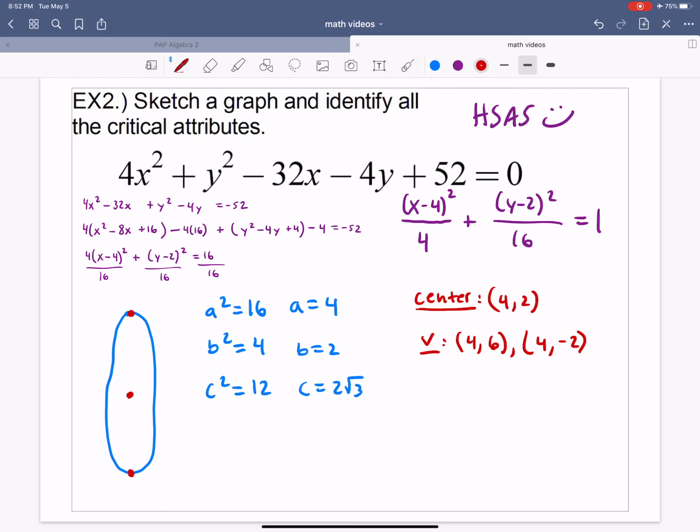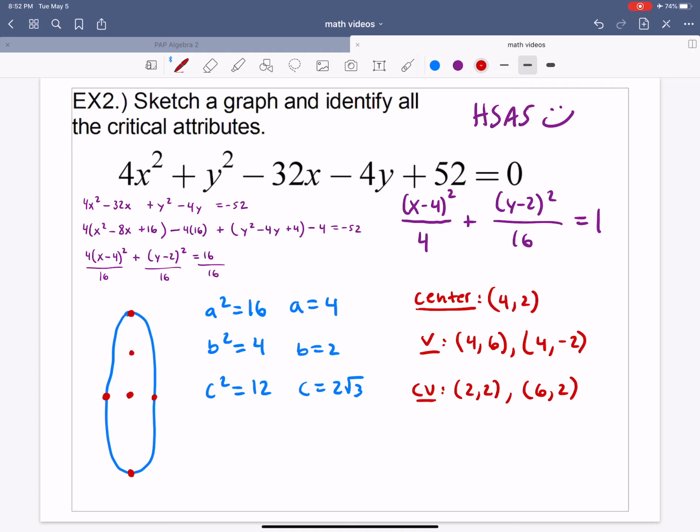Okay? My co-vertices, I'm going to go left and right by b units. So that's going to be 2, 2, and 6, 2 are the location of my co-vertices, because I'm going from the center, and I'm going right 2, I'm going left 2.